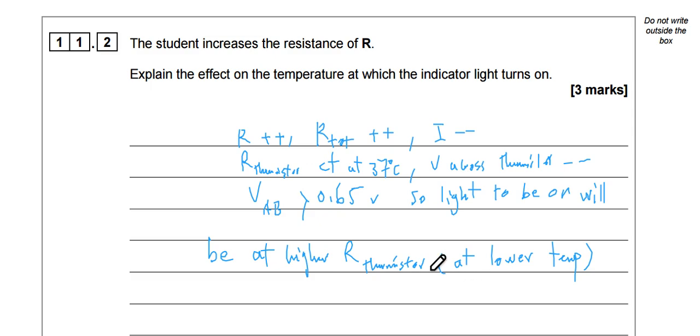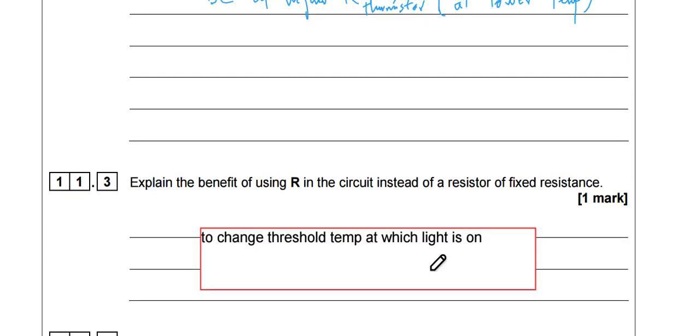So the next question, when it asks about the benefit of using R instead of fixed resistors, it will be to change the threshold temperature at which the light is on.